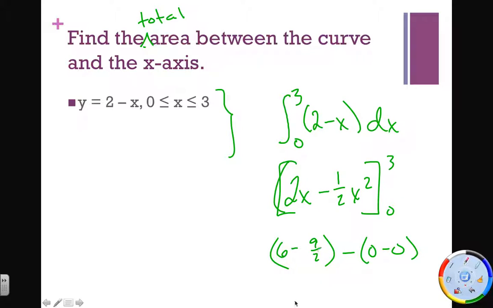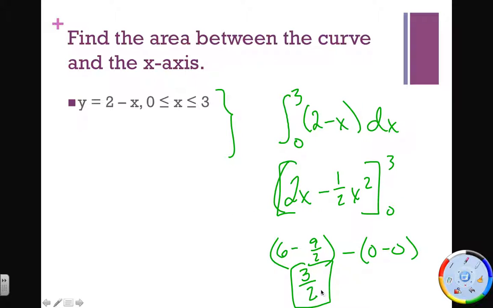So it's 6 minus 9/2. 9/2 is actually 4.5, or if I think about this, this is 12/2 minus 9/2, which is 3/2. So what I want to point out here is the area. I'm going to get rid of this because I don't want you thinking about that. The answer to the question I'm asking is 3/2.